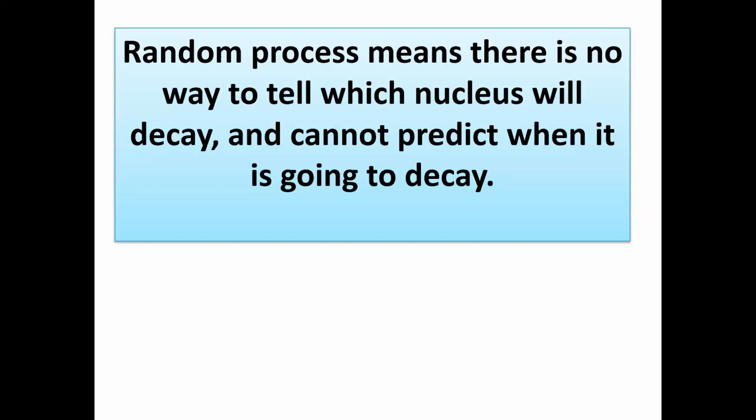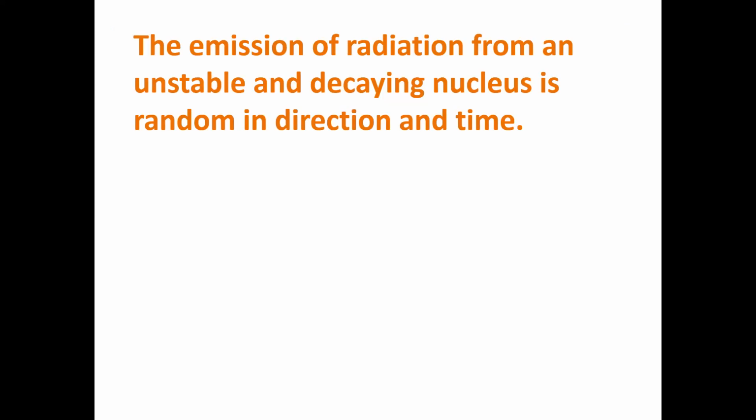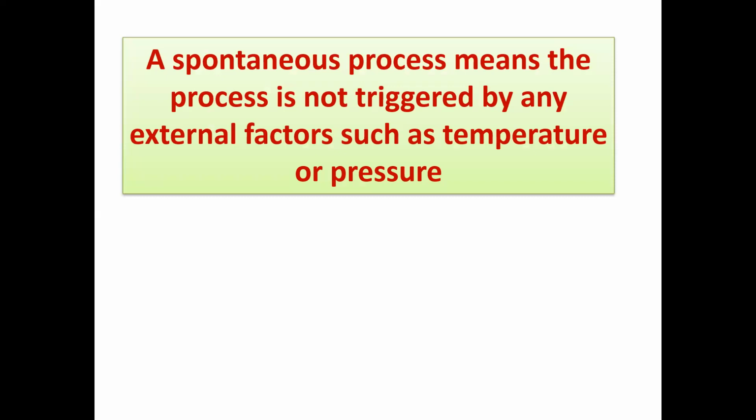Now, what's the meaning of random? Random means there is no way to tell which nucleus will decay and you cannot predict when it is going to decay. There is an equal probability of decay. So the process is random in terms of direction and time. Which nucleus will decay, and in what direction it will decay, is not predictable.